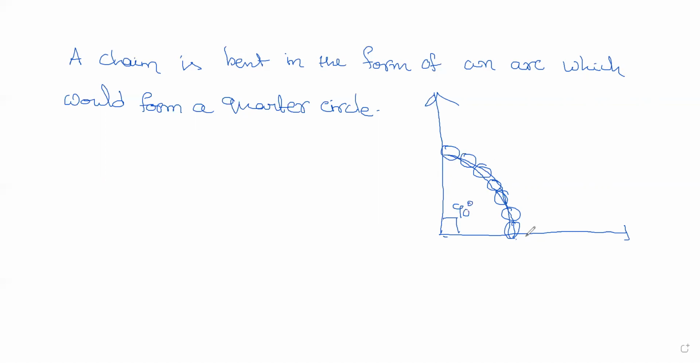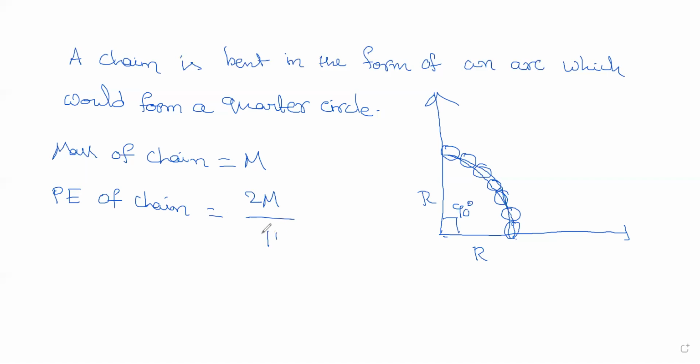Now, if the chain is bent like this, this is R and this is R, and the mass of the chain is equal to M. The potential energy of the chain is given by 2M by pi gR. So this is very important.